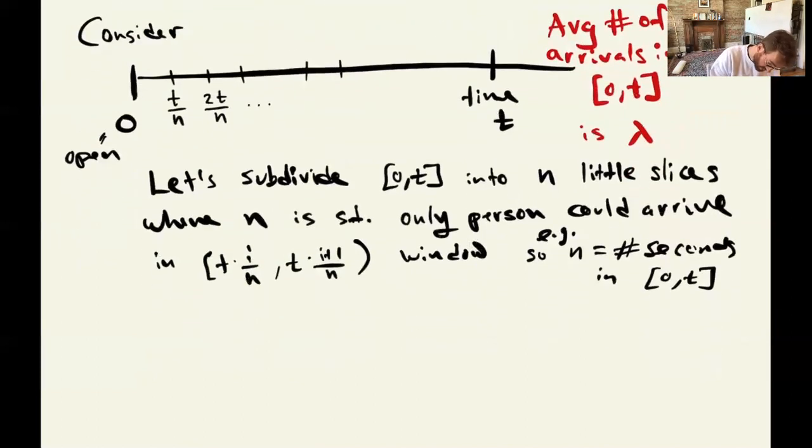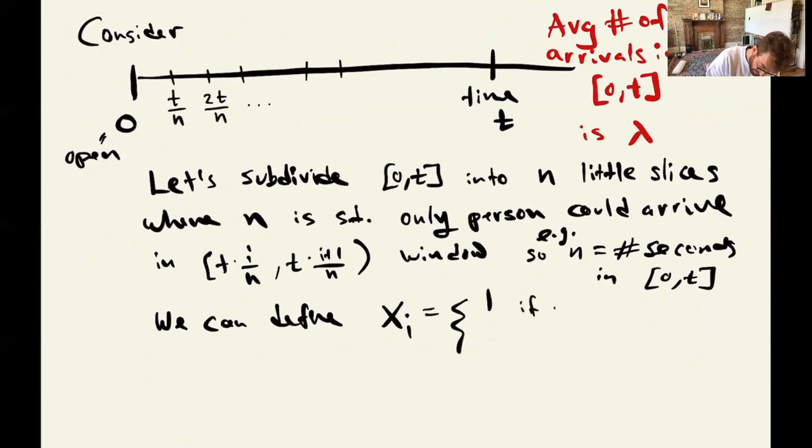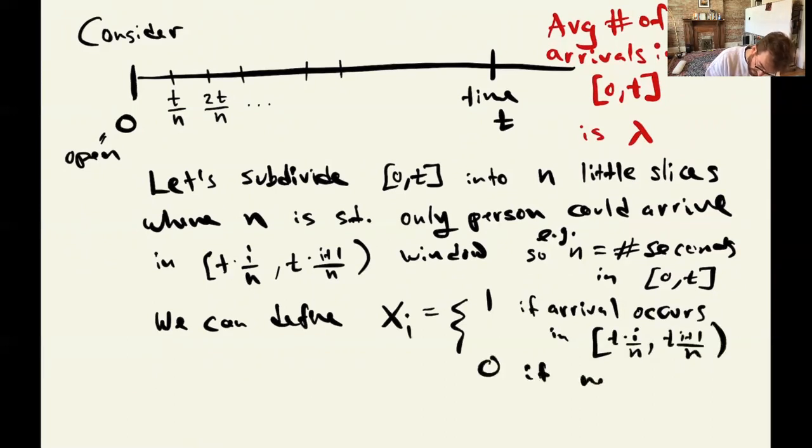The reason why we're doing this is we can then define xi to be 1 if an arrival occurs in t times i over n, t times (i plus 1) over n, and 0 if no arrival occurs.